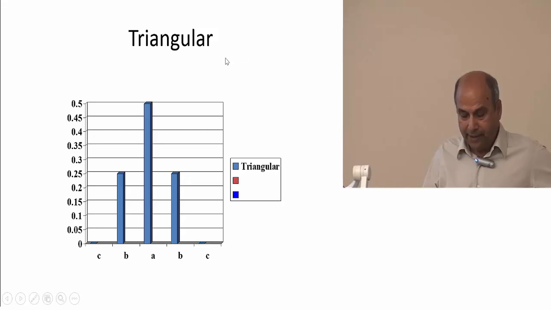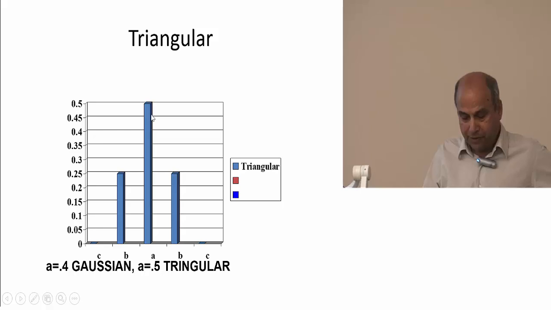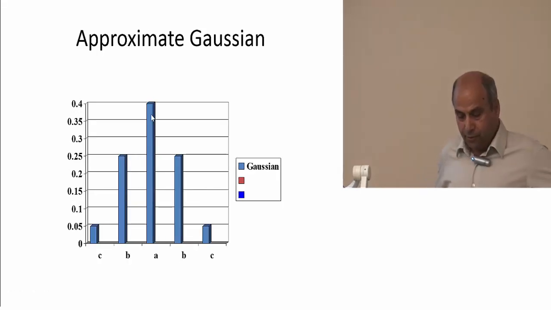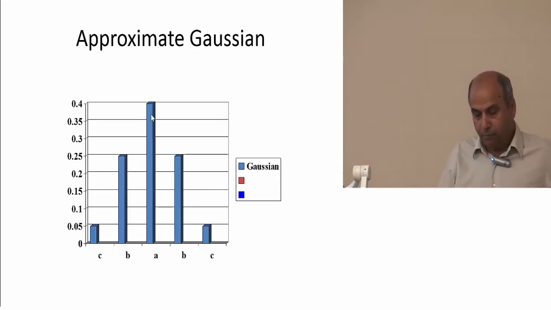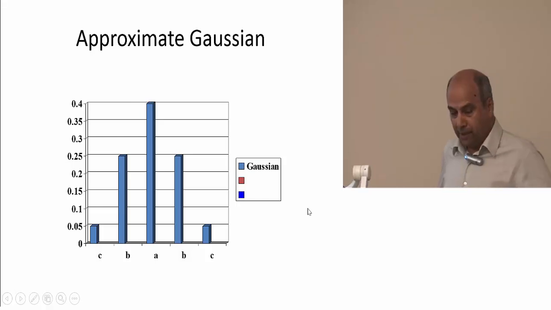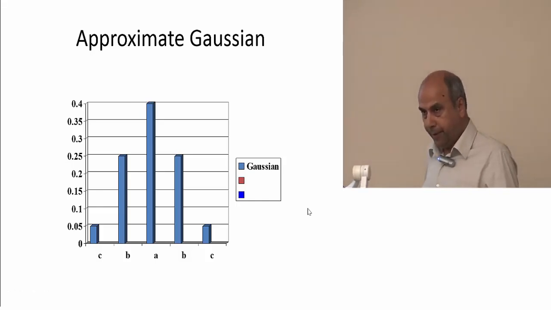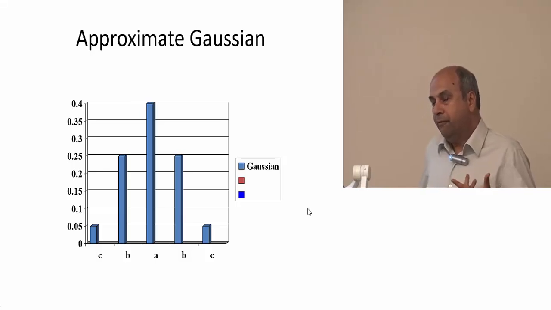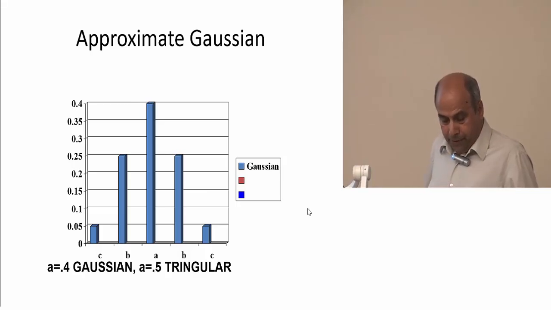But when we change to the other value, A equal to 0.4, it will look like a Gaussian bell-shaped curve. So typically we'll use this one. That is our mask. We define it using these constraints, and it looks like a Gaussian, and you can apply a Gaussian if you like.